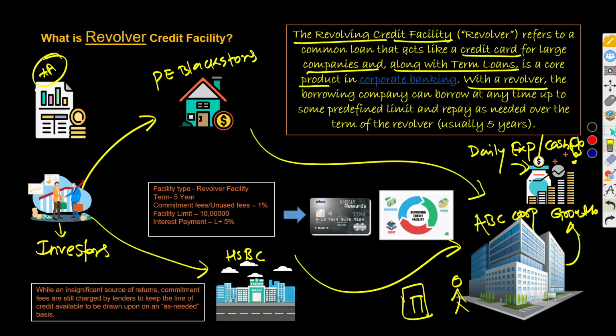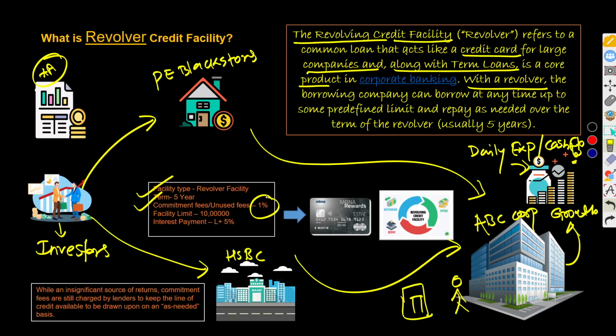In a system you might also see details like facility type, revolver facility, or term loan, with a term of 5 years, 6 years, maybe 2 or 3 years, depending. Then commitment fees and unused fees. In a credit card also, if the limit is, let's say, 1 lakh, the bank will charge commitment or unused fees on the total 1 lakh amount: 1%, 1.5%, or maybe less.